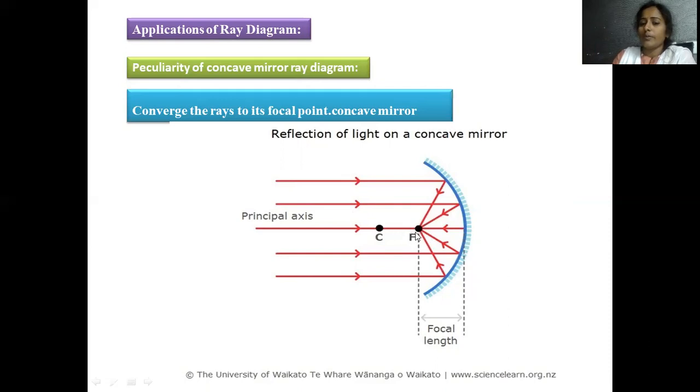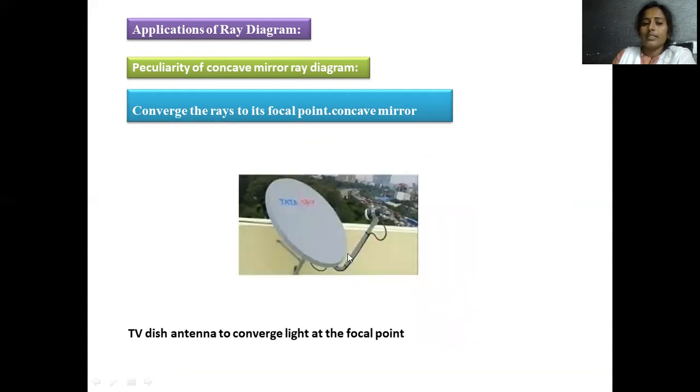At which point do all these reflected light rays combine? That is the focal point. What is focal length? The distance between the concave mirror and the focal point is called the focal length, right? Now we are bouncing back all the parallel light rays onto the single point called the focal point. Then what inferences can you draw, and what kind of applications can you find with this type of mirror? Let us see.